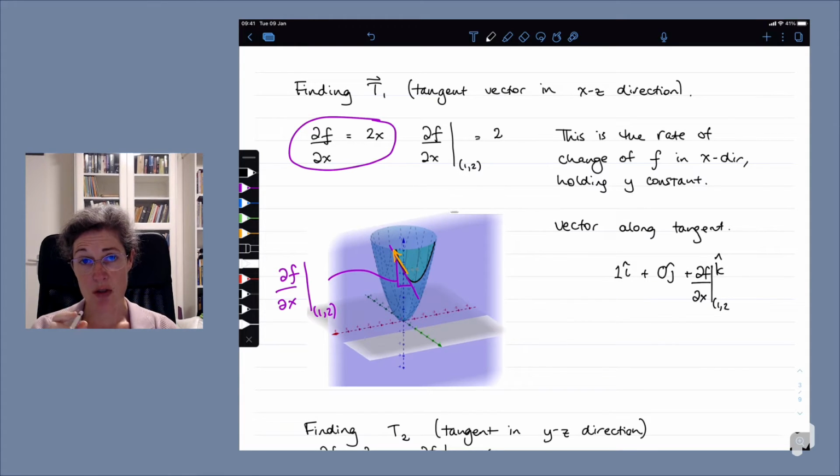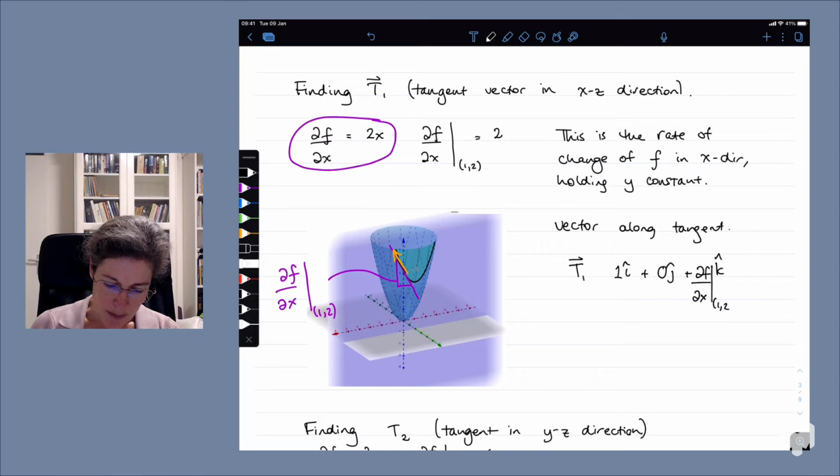So this is the vector that represents the rate of change in the x direction. It says if you make a 1 unit change in x, then you'll get a df by dx change in z. All right, so let's put that all together. I'm calling this one my tangent 1.